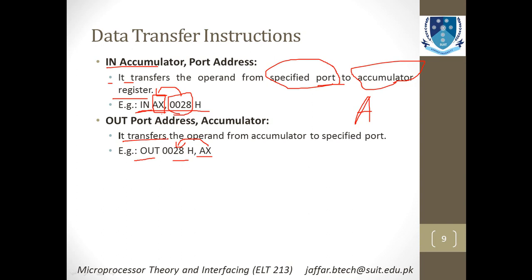So it basically transfers the operand from accumulator to a specified port. These are nothing but the ports. So IN accumulator or IN port basically moves the data from the ports towards the accumulator, and OUT means the data is moved from accumulator towards the output port or any other port.